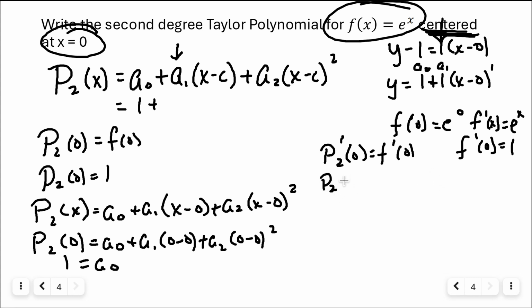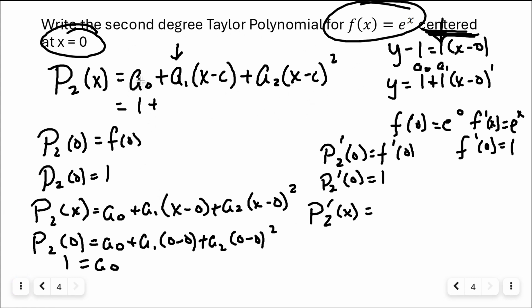So p2 prime of 0 is equal to 1. Now I want to find p2 prime of x, the derivative with respect to x.